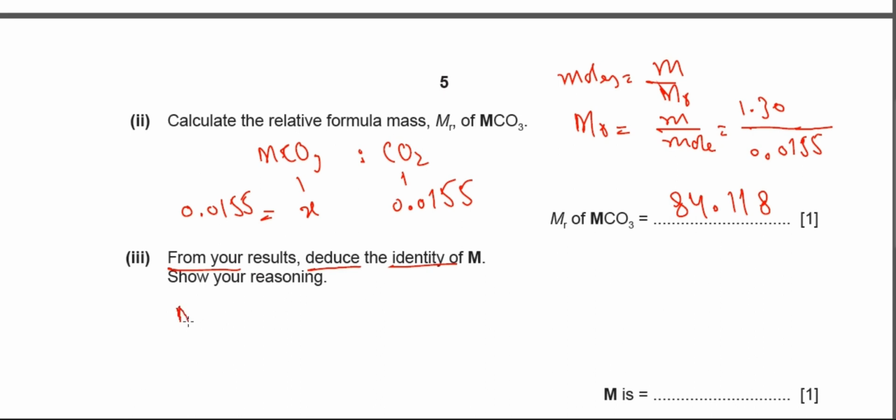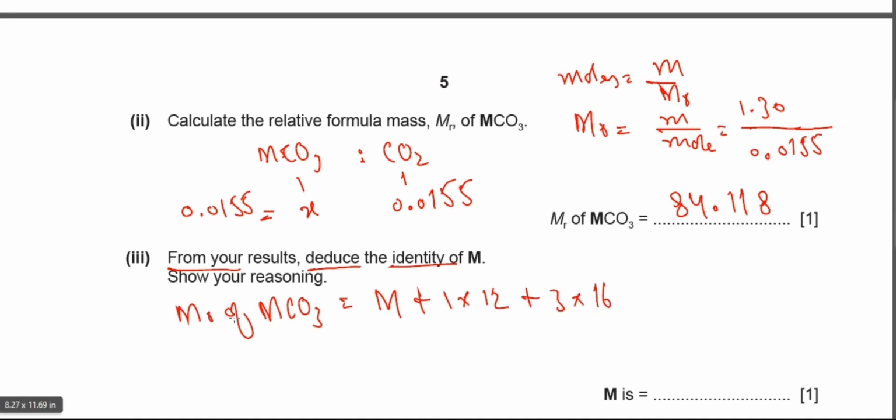So as we know the method of calculating the Mr of M carbonate, it should be done. We have one metal which is unknown, plus one carbon, and the atomic mass of carbon is 12, plus 3 atoms of oxygen, and the atomic mass of oxygen is 16, and we calculated the Mr in the previous part, which is 84.118. So M plus, when I add these values, I got 60.